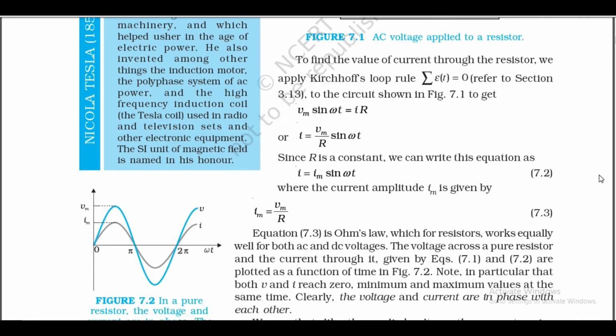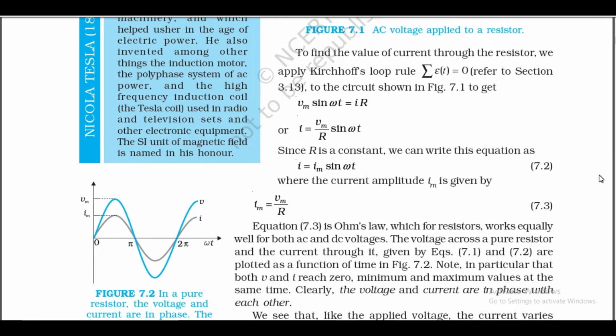To find the value of current through the resistor, apply Kirchhoff's loop rule, sigma epsilon t = 0. Refer to section 3.13 for the current shown in figure 7.1, to get vm sin omega t = iR, so i = vm/R sin omega t.